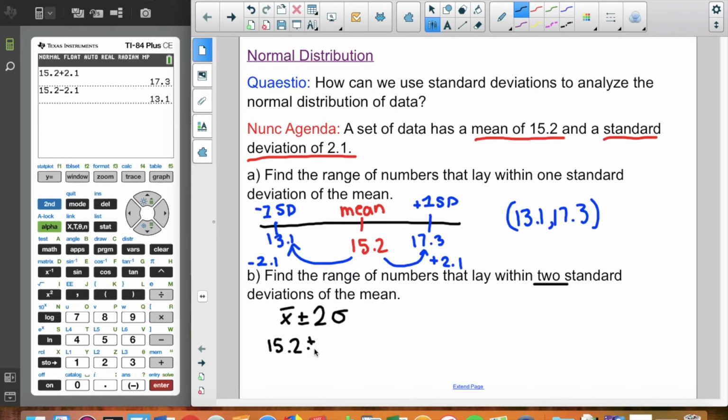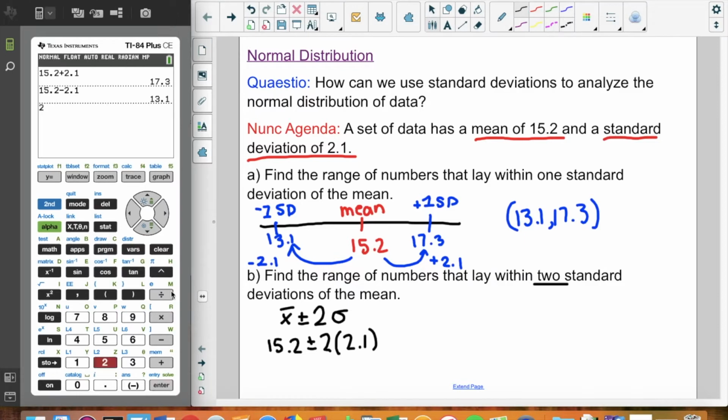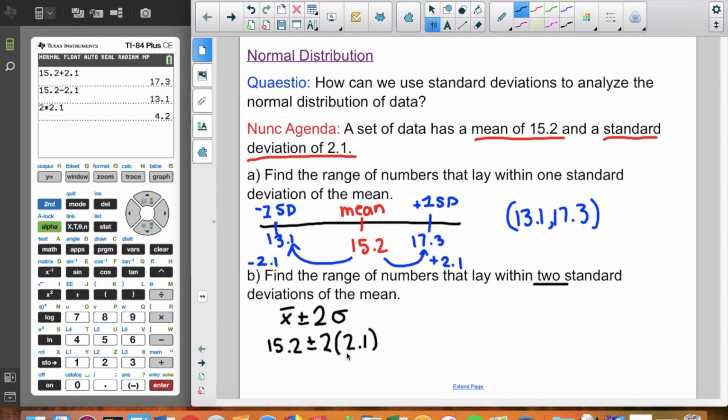And we're adding and subtracting 2 times the standard deviation of 2.1. Now we have to do 2 times 2.1, which is 4.2. So here, I'm just going to bring the work up here.